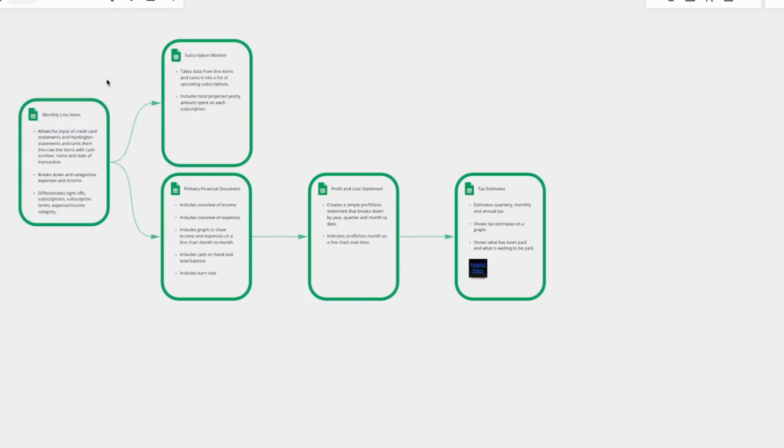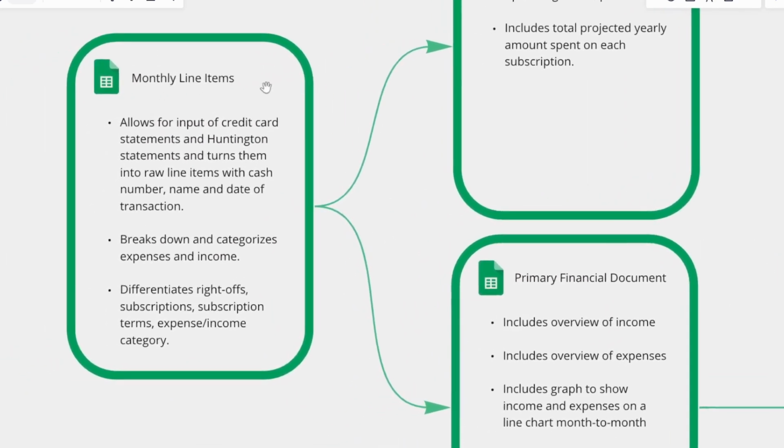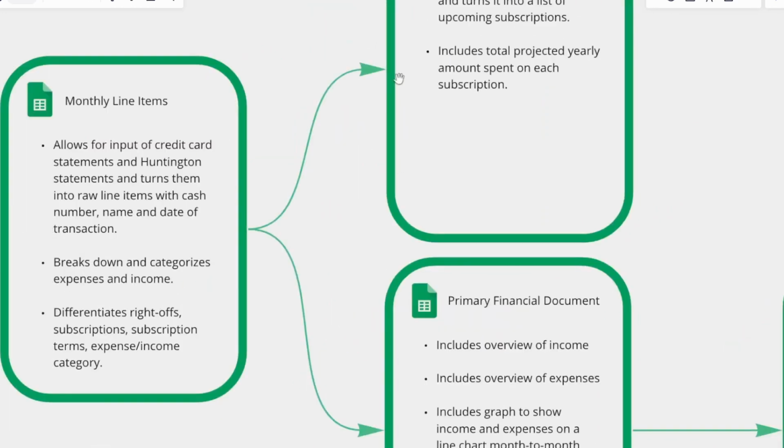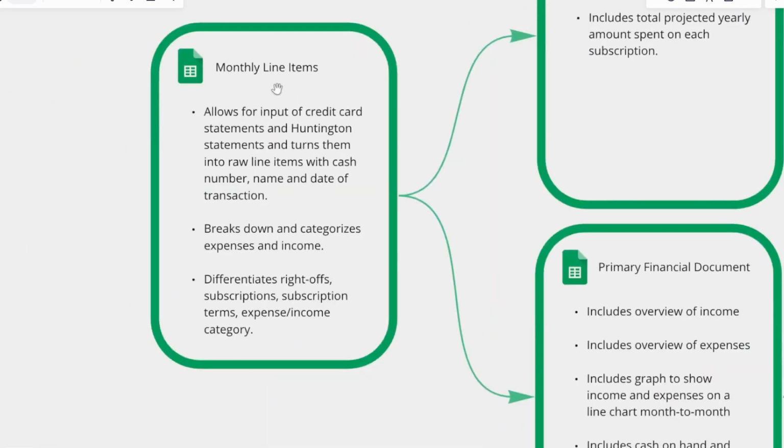And so what I've actually set up here is basically a plan to create this. I'm going to have a monthly line items Google Sheet that siphons data into a subscription monitor. And by the way, this monthly line items sheet is actually going to take the raw statements that I can download from my different financial organizations, and it's going to turn them into clean data and ask me to answer some questions.